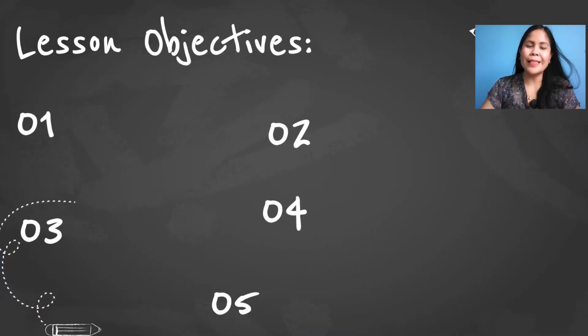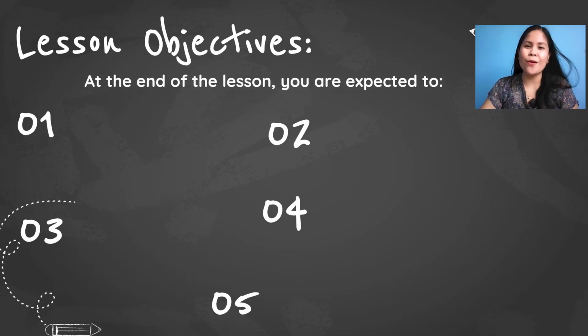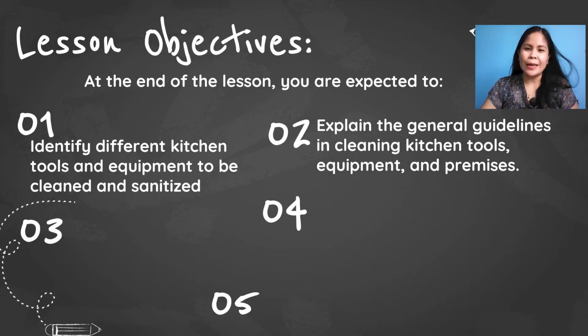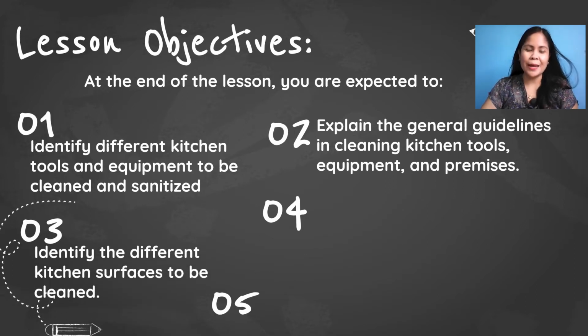For our lesson objectives, at the end of the lesson, you are expected to: 1. Identify the different kitchen tools and equipment to be cleaned and sanitized. 2. Explain the general guidelines in cleaning kitchen tools, equipment, and premises. 3.